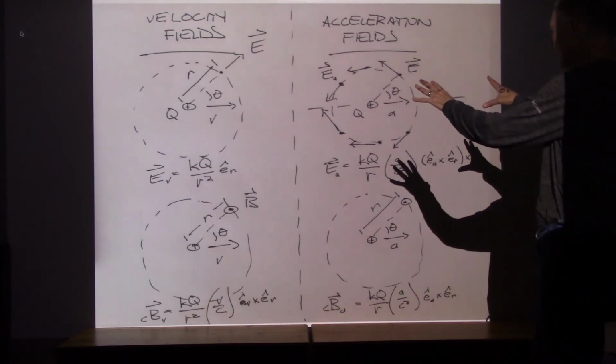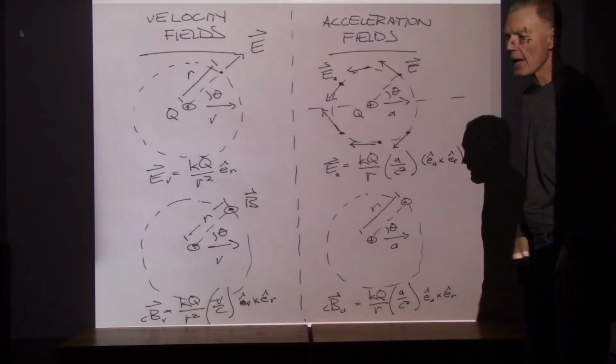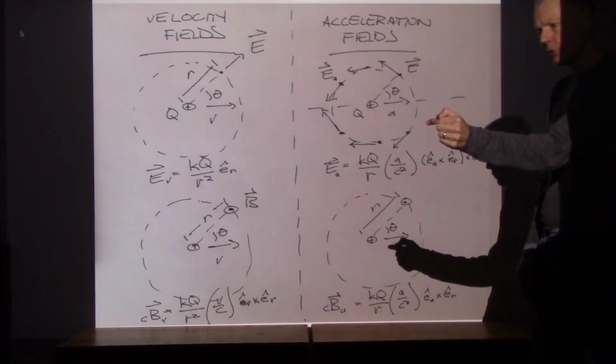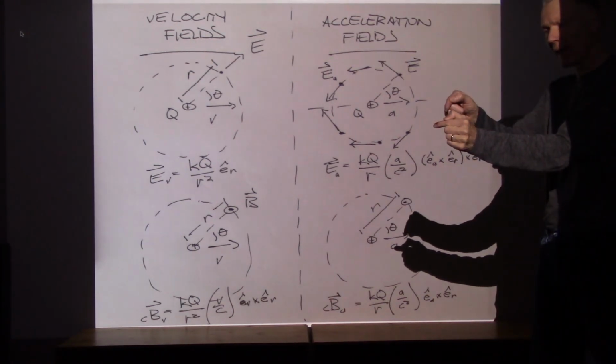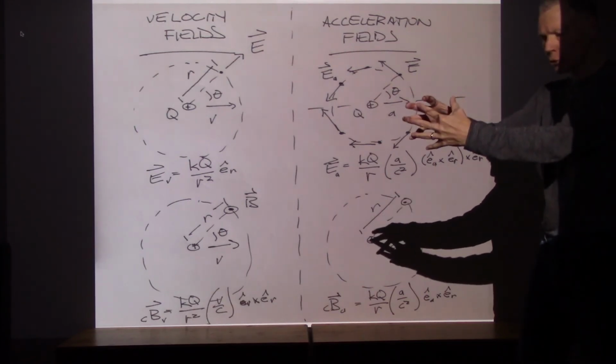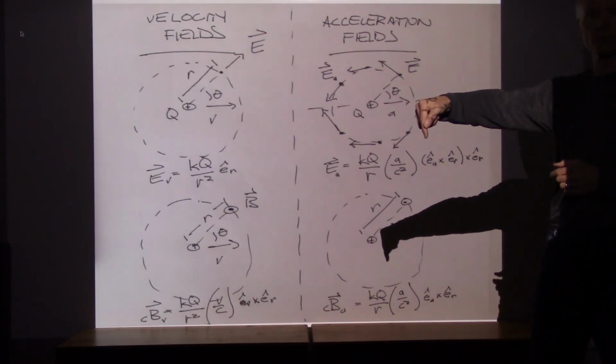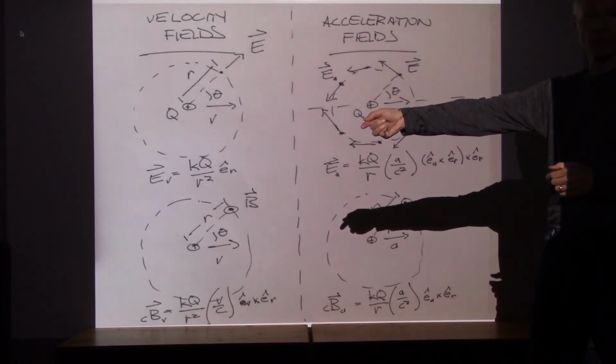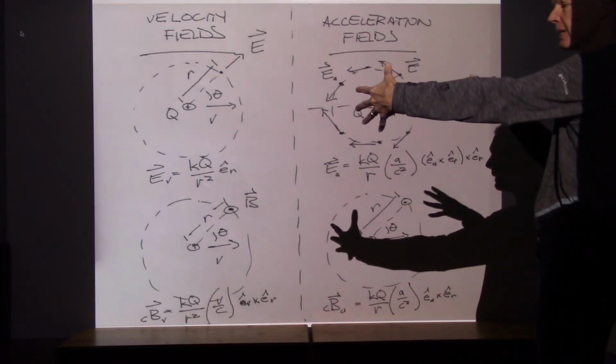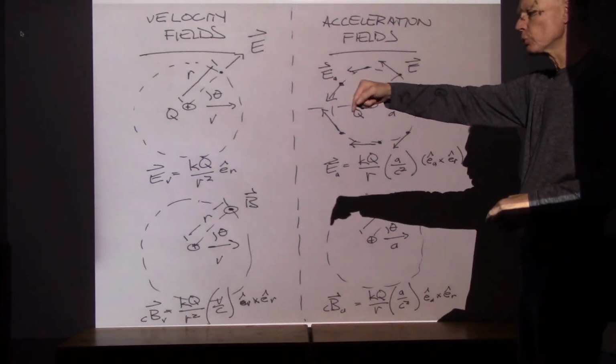Well, then we carry out these calculations, and whatever velocity and acceleration the charge had at that instant determines the properties of the field that propagates away from that location in space. And then the charge moves on. So these fields are propagating outwards, and the charge moves to a next location.